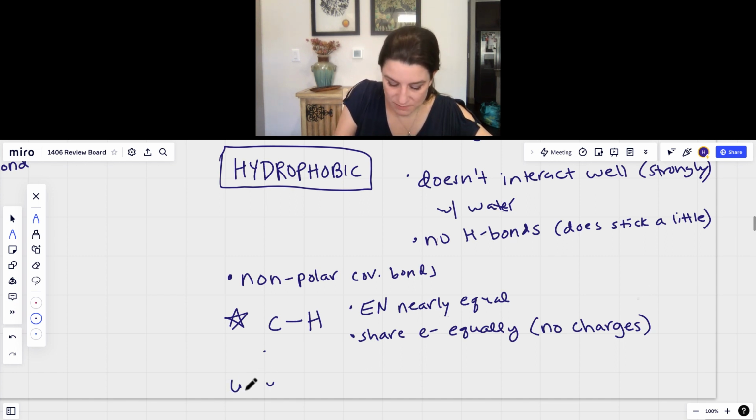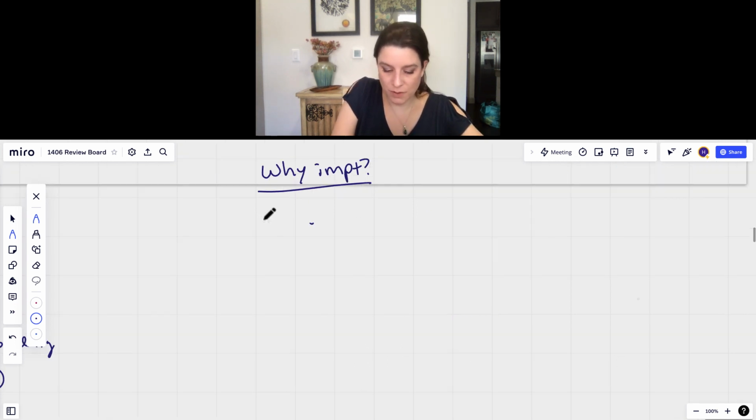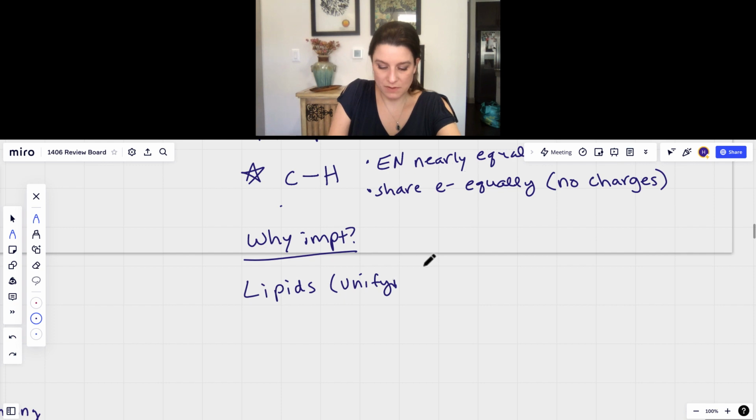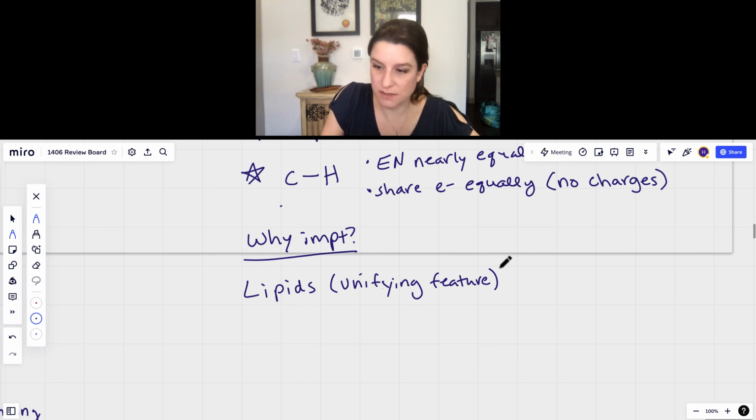So why does this matter? The most important group that this matters for are lipids. This is their unifying feature, that they have some part of their structure or all of their structure that is hydrophobic, carbons and hydrogens.